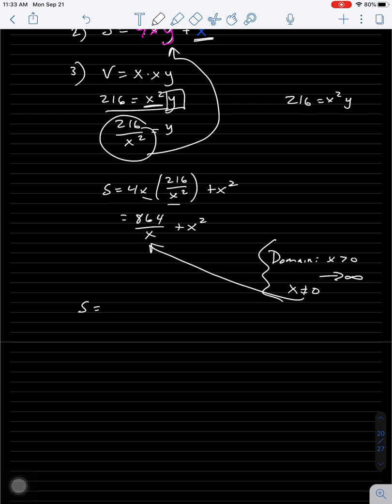So here we are, and I'm going to take the derivative. So dS/dx is going to be negative 864 x to the negative 2 plus 2x.